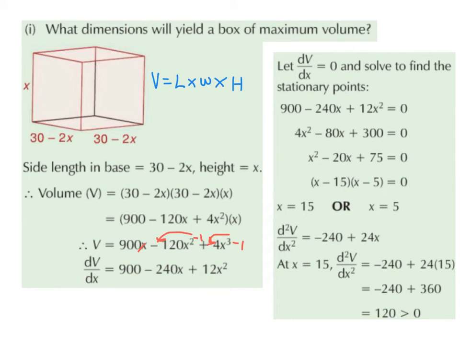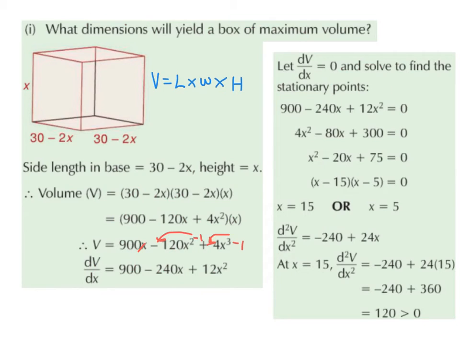So now what I'm going to do is let the derivative be equal to 0 so that I can find my stationary points. So I'm going to need to solve. So I let the derivative 900 minus 240x plus 12x squared be equal to 0. And then I'm going to solve so that I can find my stationary points.